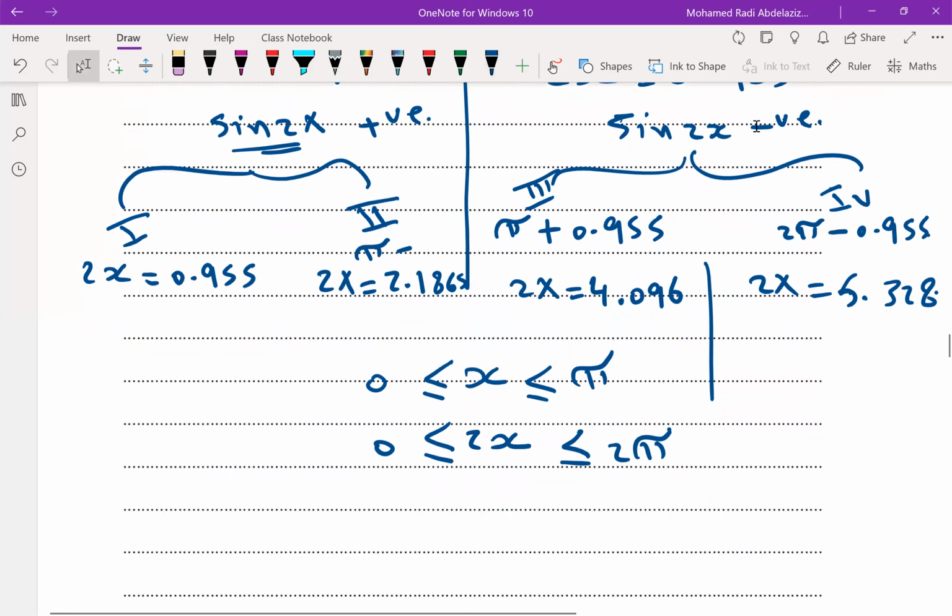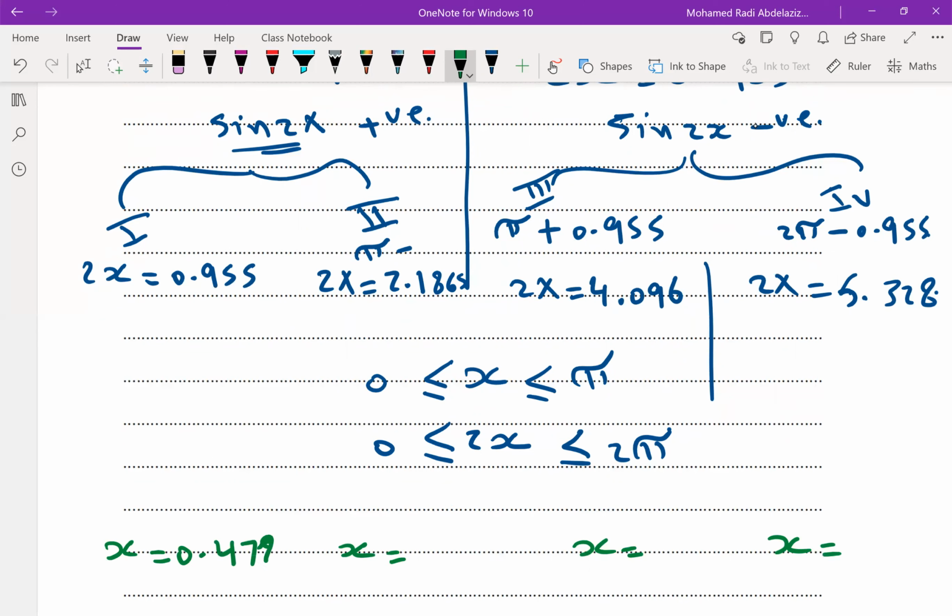Now we check that all are in the range. Yes, they are in the range, so try to find x for each. We have 4 solutions. The first one: 0.955 divided by 2, so the first is 0.4775. We can write 0.478. Second one: 2.1865 divided by 2, so the answer is 1.09.